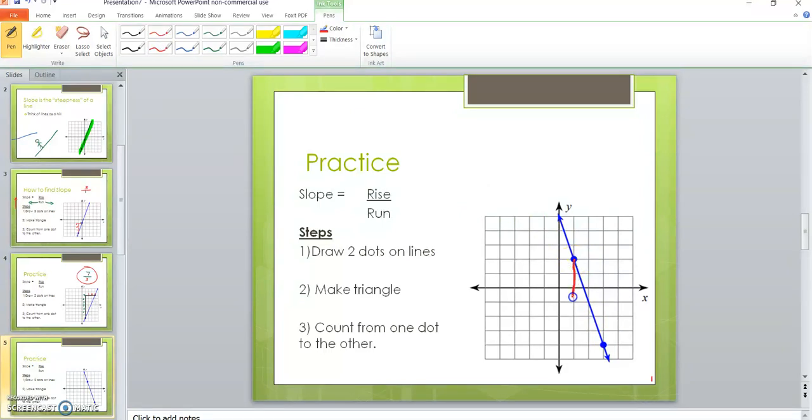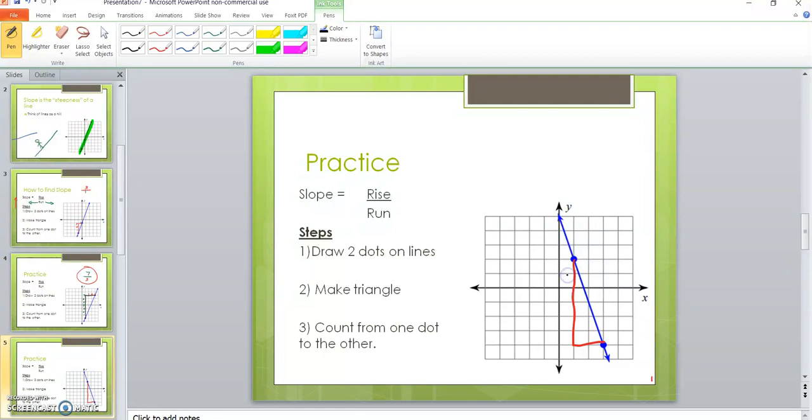So we're going to draw it down, and over. So, we're going to start here, but this time we're going down.